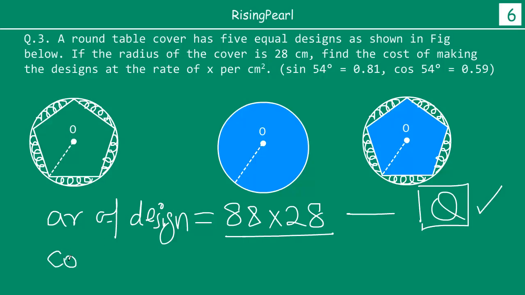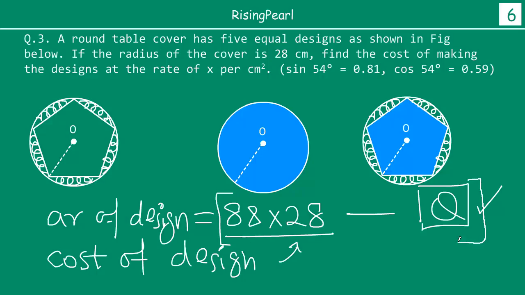So the cost of the design is simply this entire thing times X. Because if 1 square centimeter costs us X amount, then to cover this many square centimeters, it will cost this times X.